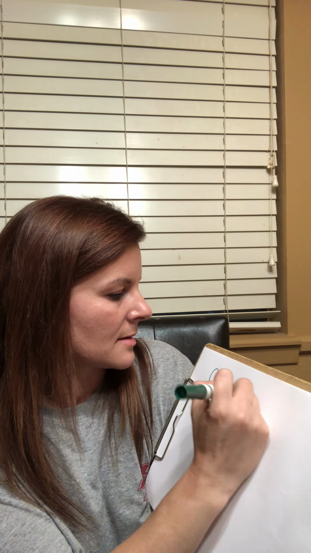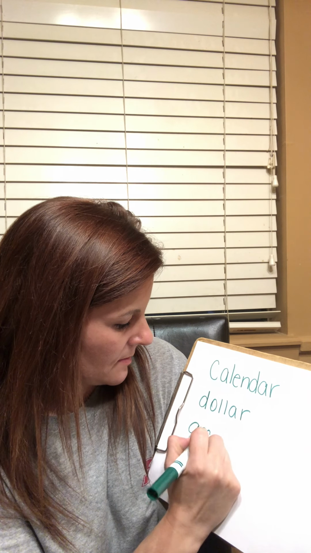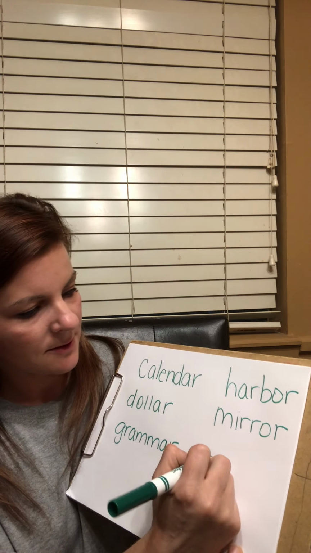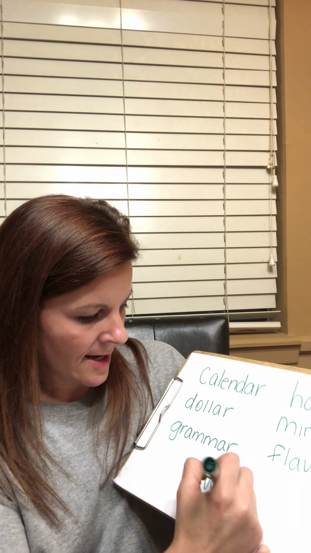All right. This next group of words we're going to do, we've got calendar, dollar, grammar. Okay. And harbor, mirror, flavor, and then we've got weather.